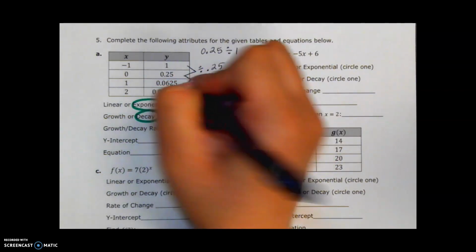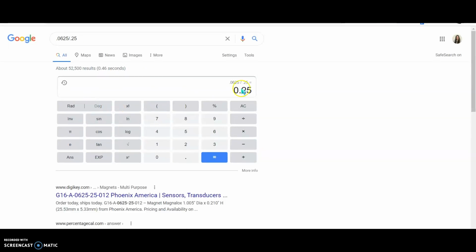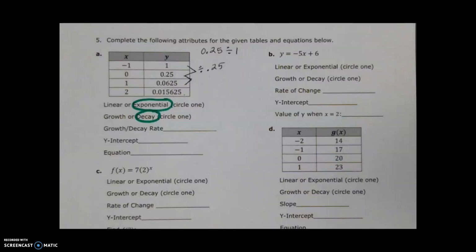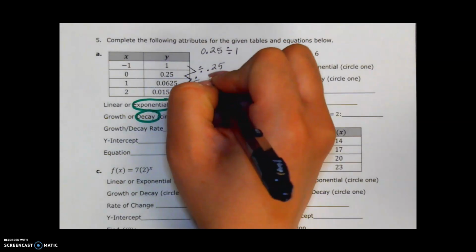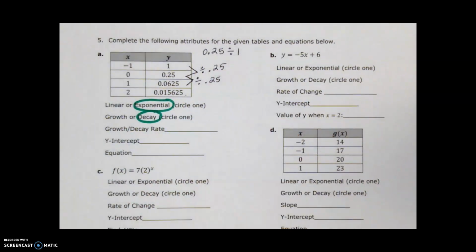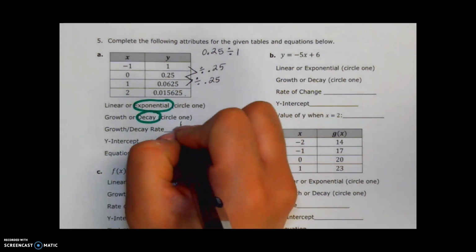I'll do the same here: 0.0625, I'm typing it over here in my other browser, so I don't have a calculator handy, divided by 0.25. And you can see that it gives me 0.25. So that's my pattern here, and you can do the last one yourself, but each time I am dividing by 0.25, so my growth decay rate is 0.25, or you can say 1/4.